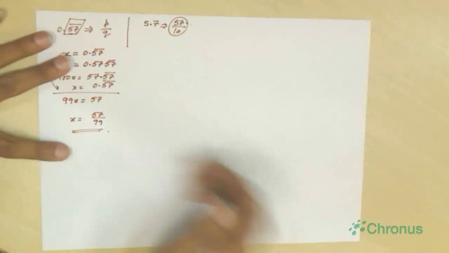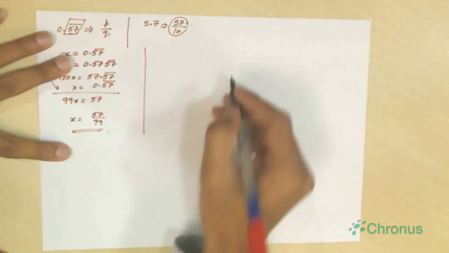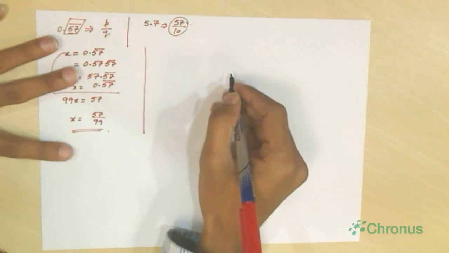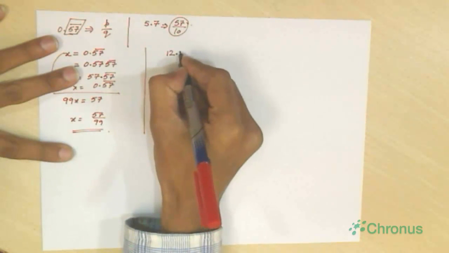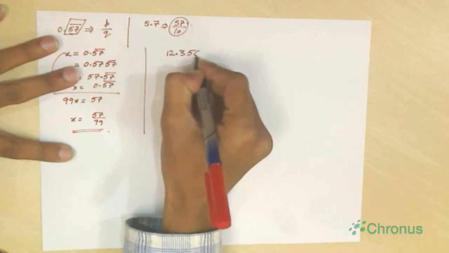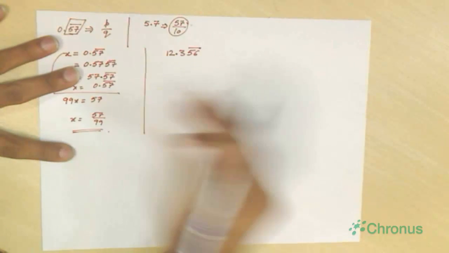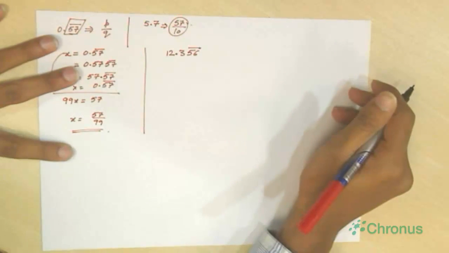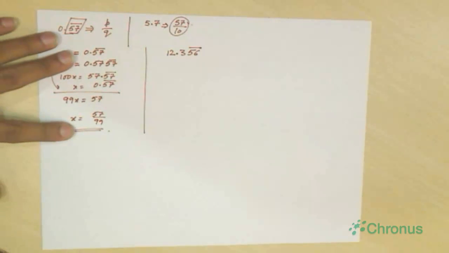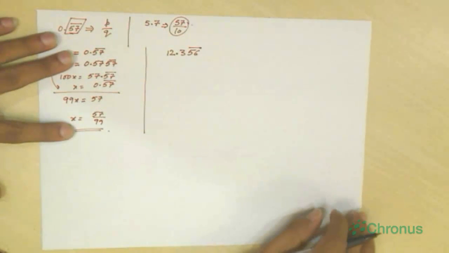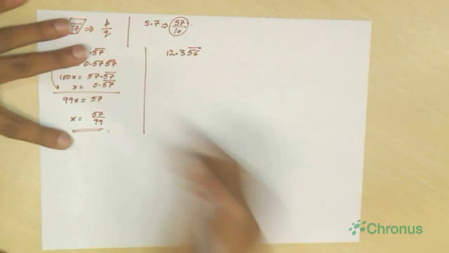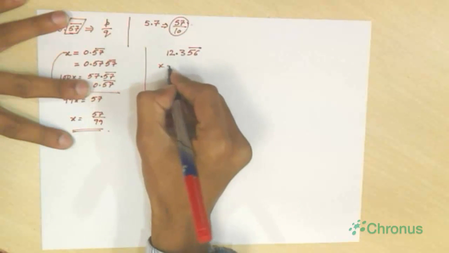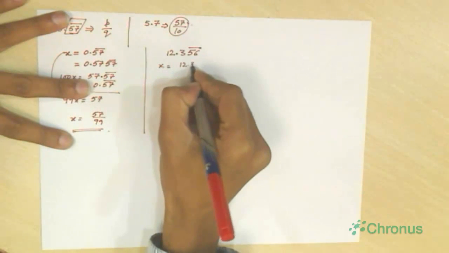And let's go into another problem where we have a decimal, say 12.356, where the bar is over 56. So 56 is recurring, and we need to convert this into a fraction. For this, once again we start by assigning this to a variable, say x.